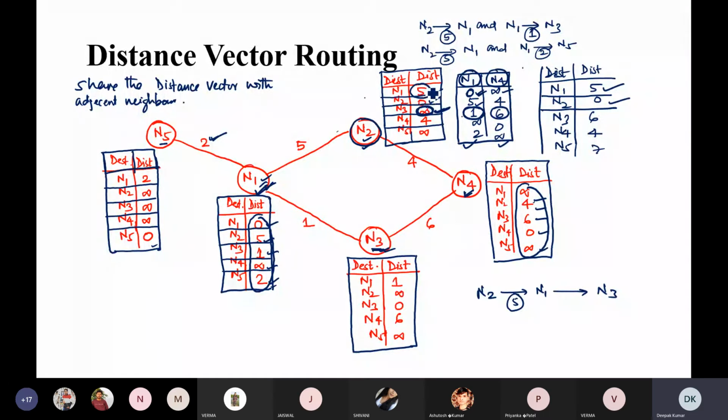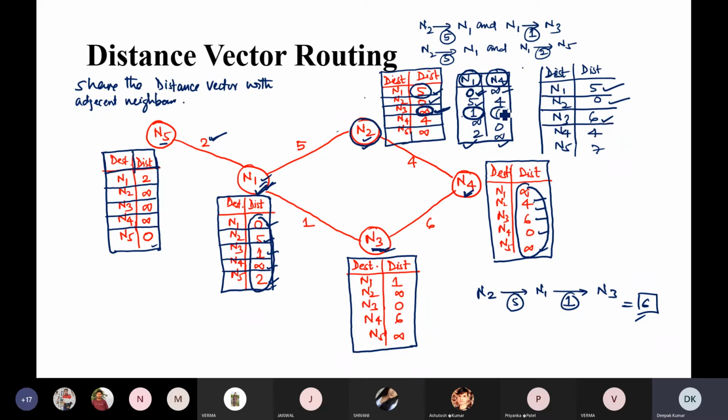First here see N1 to N2 will be 5, and after that in this table N1 to N3 will be 1. Totally it will see that 6 cost is taking place to reach N3, that is updated at node N3.